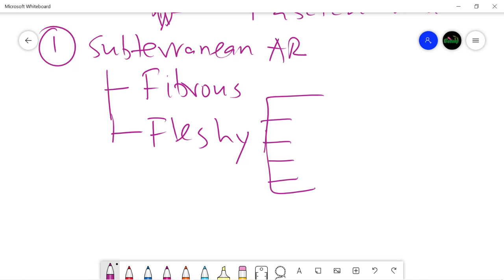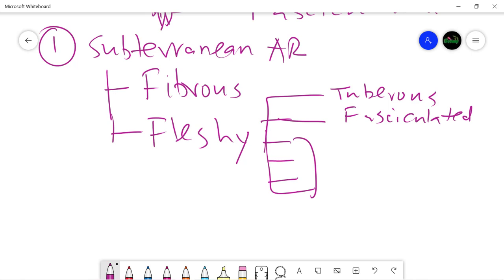Of those we have already discussed 2 in the previous video, and those were the tuberous or root tubers or single tuber, and fasciculated. So these were the 2 discussed in the previous video, and now we are going to discuss in this particular video the rest of the 4, starting with palmate.